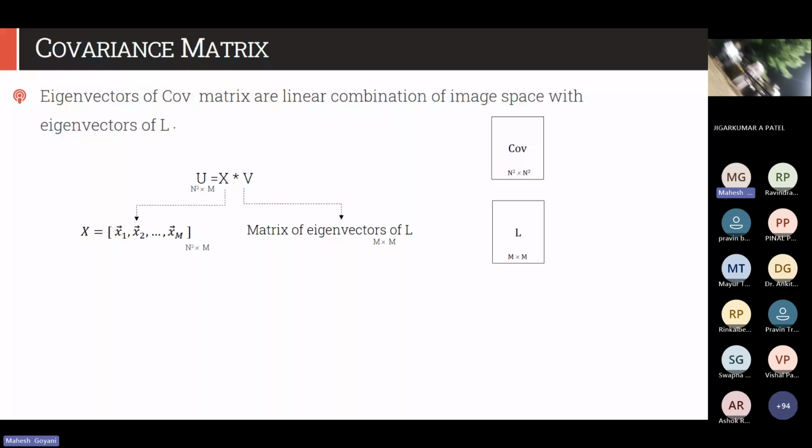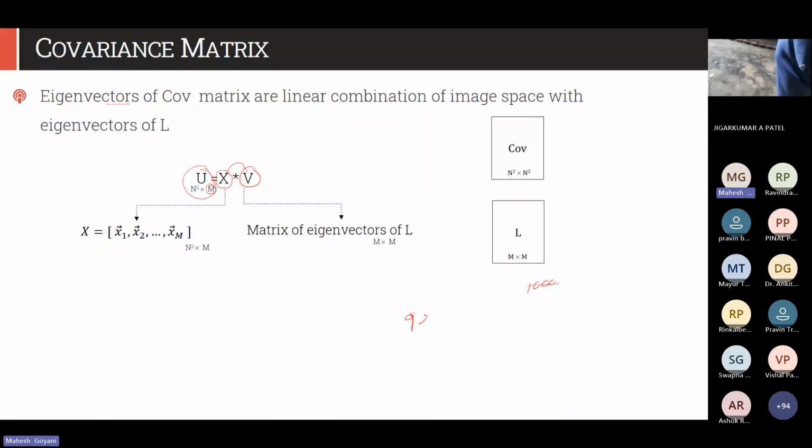So eigenvectors of the covariance matrix are a linear combination of image space with eigenvectors of L. That means when we multiply our image space X with the eigenvector V, we will get the eigenvector space, that is U, which is N square into M. But now see that M is still a big number. Suppose we have 100 training images, then our eigenvector matrix would be of 100 by 100 size. My image dimensions are 90,000.